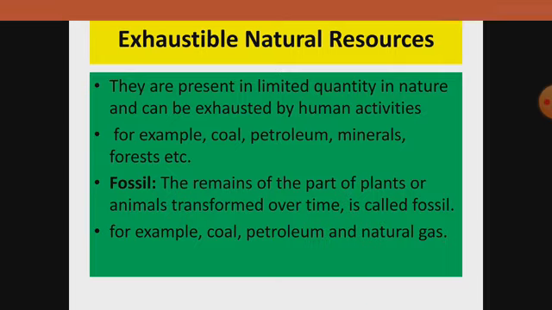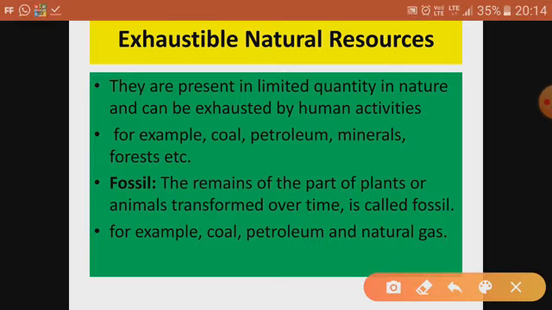So here we need to be overcautious and very mindful while using exhaustible natural resources. Just to save them, because we know that we have got a limited quantity of them, we have to use inexhaustible natural resources in place of exhaustible natural resources.